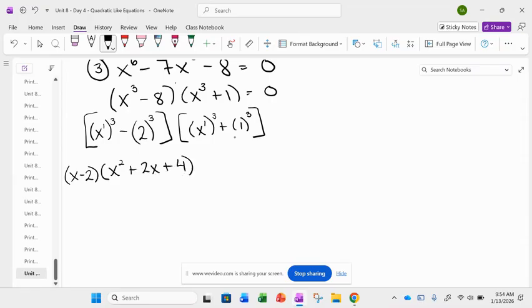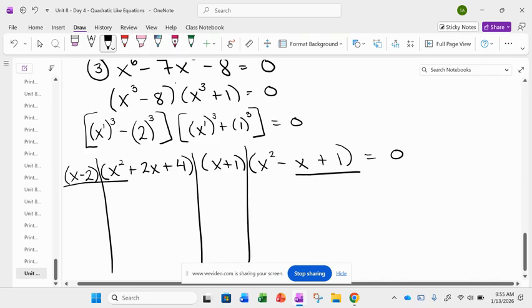And then for the sum of cubes, we're going to have an a plus b, so an x plus 1, times an a squared, x squared, minus ab, so minus x, plus b squared, which is 1. Now remember, I've always told you, once you factor the sum of cubes or difference of cubes, can that trinomial be factored more? No. So now we come to solve.